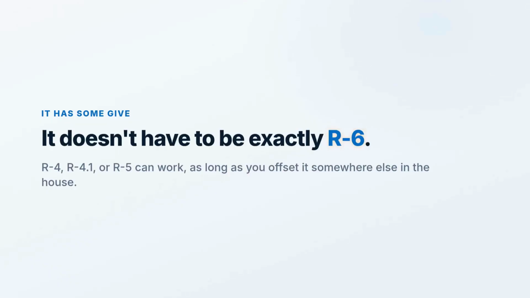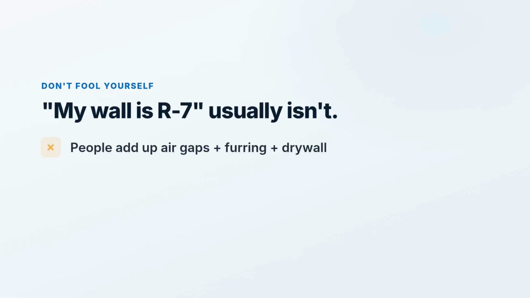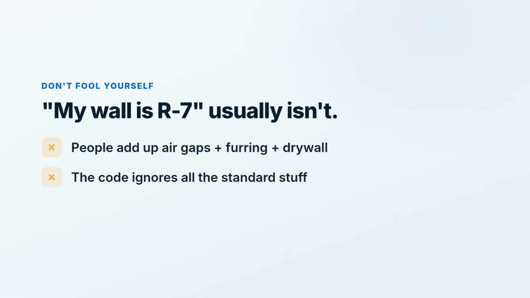And we run into this one quite a bit, where a lot of people will call us up, want us to do their calculations, and they'll fill out a special form we have. But they start trying to calculate these things in their head, and they're like, well, no, my wall's an R7. And we've trained our team to make sure that we don't just ask, what's the R value? Tell me how you're getting to that R value on your wall.